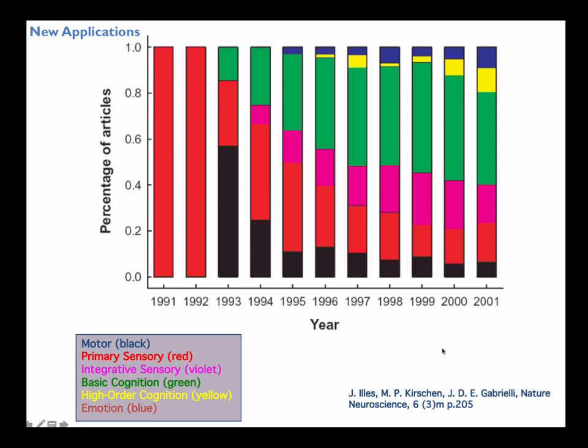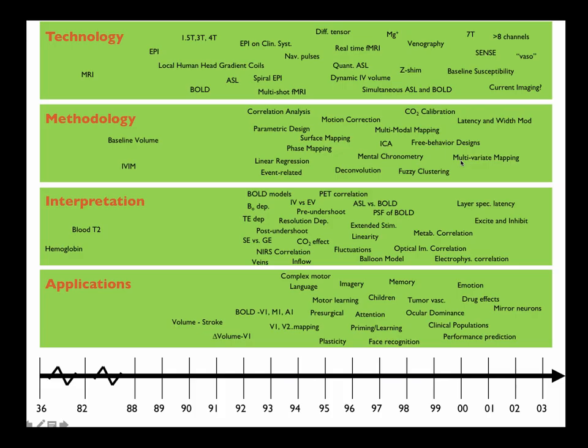Since then, the new applications have picked up. In the first couple of years, people were just doing proof of concept experiments, but by about 1998, they really believed the signal. The NIH granting agencies believed the signal, and people were starting to do all kinds of things, everything from basic cognition to motion, higher order cognition, and so on. This is just a summary, which you can look at later, of the way I categorized all the basic developments in the field, from technology to methodology, interpretation, and applications, up to 2003.